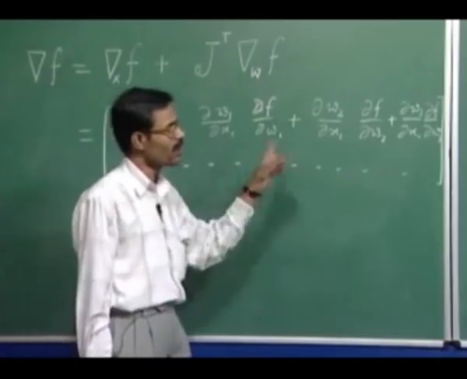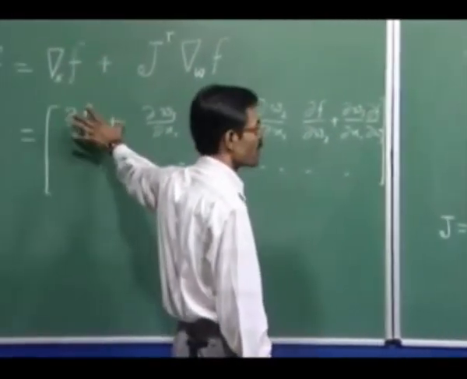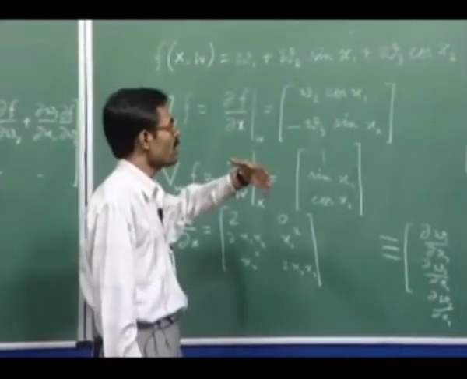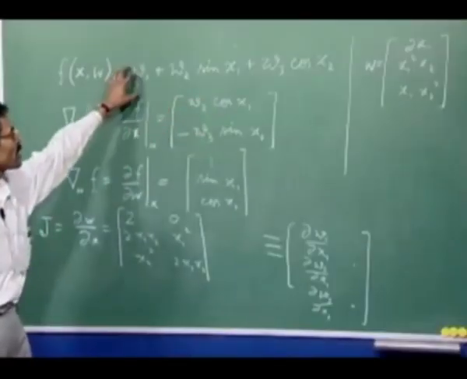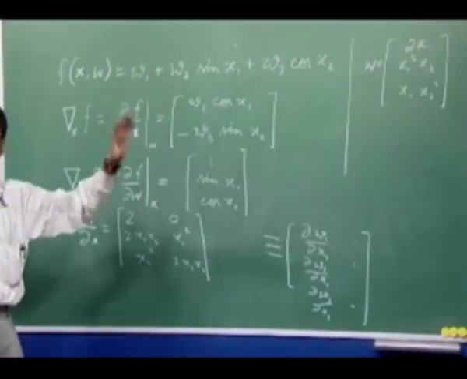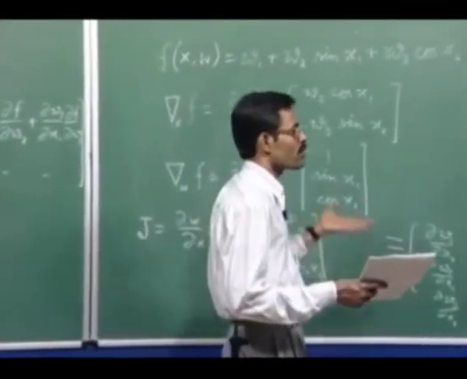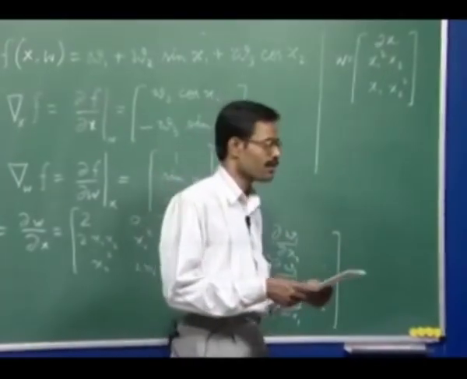You can expand this and find out the gradient, and then try the same thing all over again by first putting those w values here and getting it in terms of x1 and x2 only, and then finding the derivative directly. So, through both methods you should find the final derivatives and see that they match.